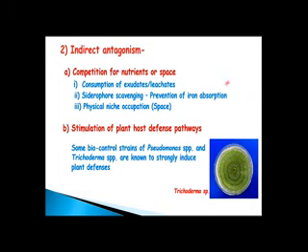In indirect antagonism, there is competition for nutrients or space, the consumption of exudates or leachates, scavenging, prevention of iron absorption, physical niche occupation, and also some microbes induce defense pathways, stimulating the plant host defense pathways. Some biocontrol strains of Pseudomonas species and Trichoderma species are known to strongly induce plant defenses.